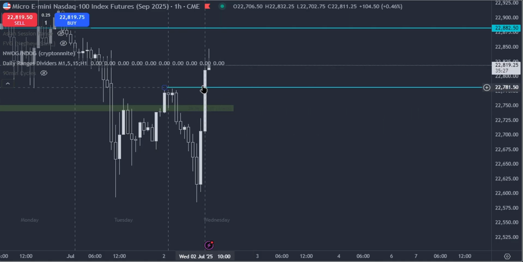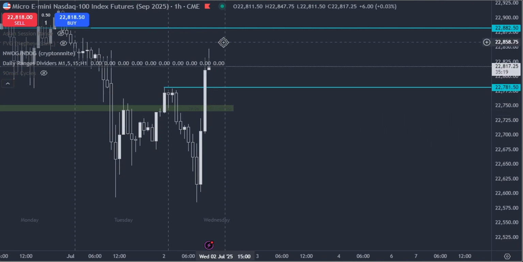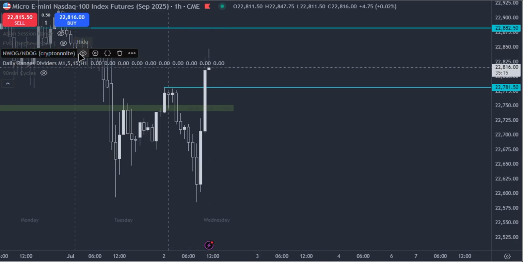So if we close bullish above it, that to me tells me that the order flow on the hourly changed bullish. And that's all I'm going to say there because I'm not going to go into order flow in this video.